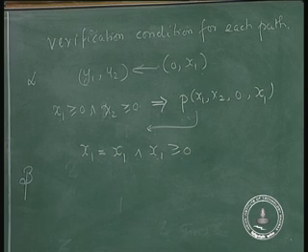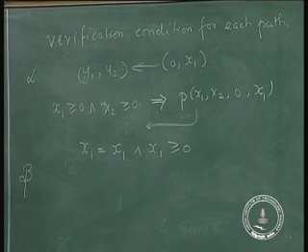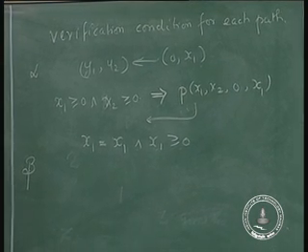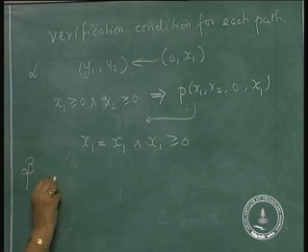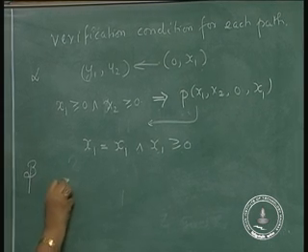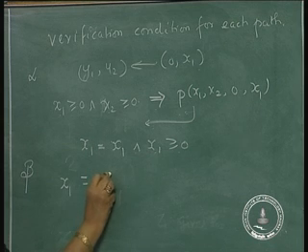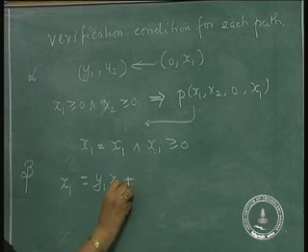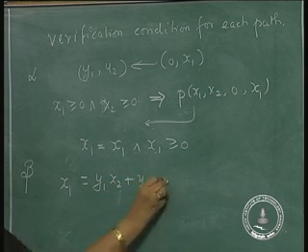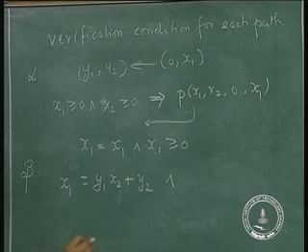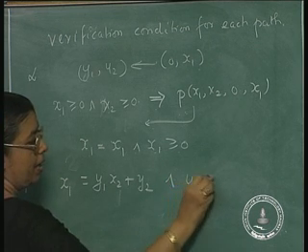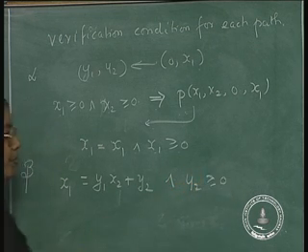Initially when you start, what is the value of P(x1, y1, y2), the input predicate, the inductive assertion? It is x1 is equal to y1 x2 plus y2 and y2 is greater than or equal to 0.